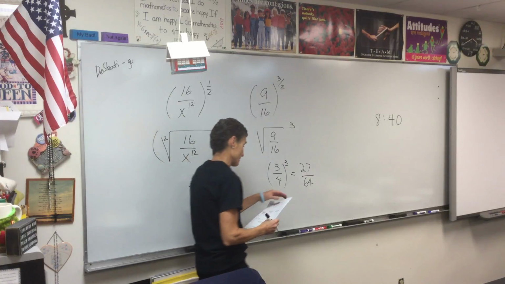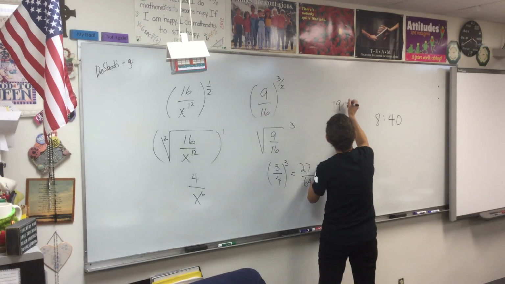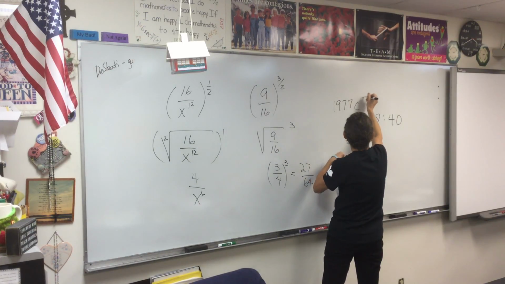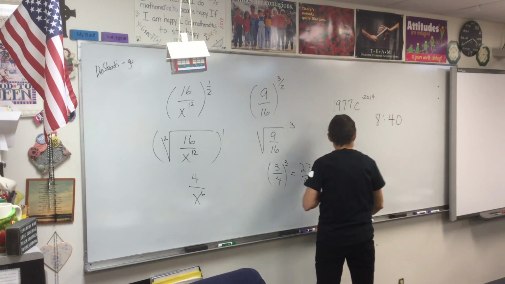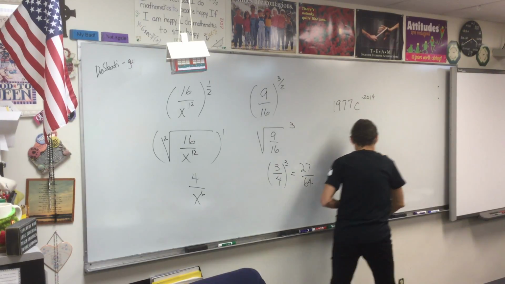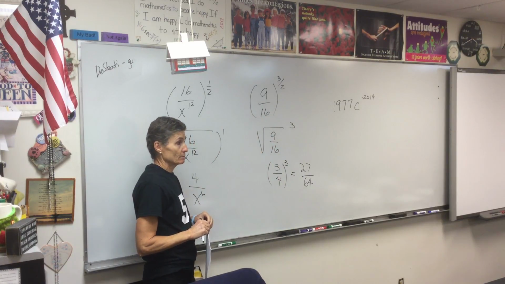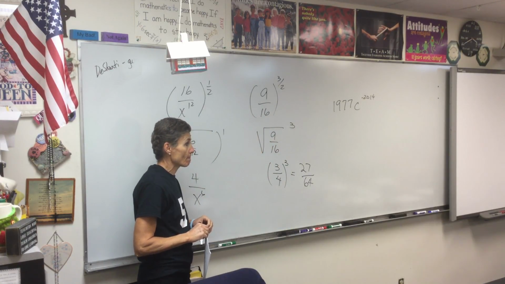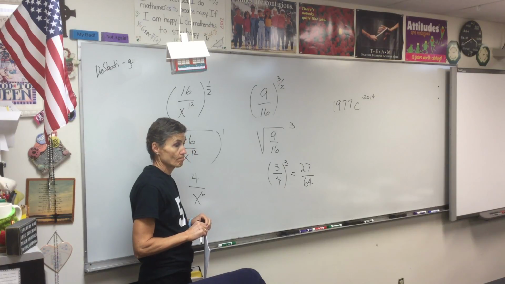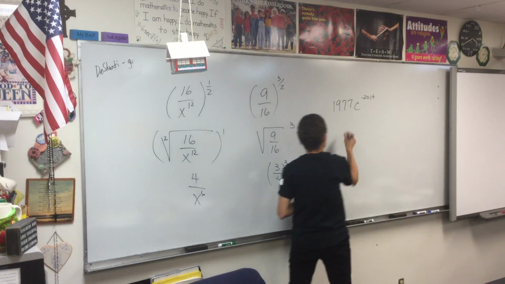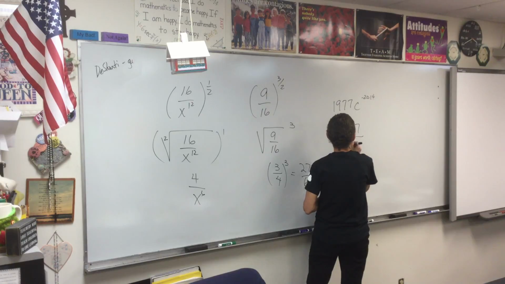Okay, next. This is a very simple problem, but people mess it up all of the time. Be careful. How does that simplify? What's that going to equal? 1977 over C to the 2014.